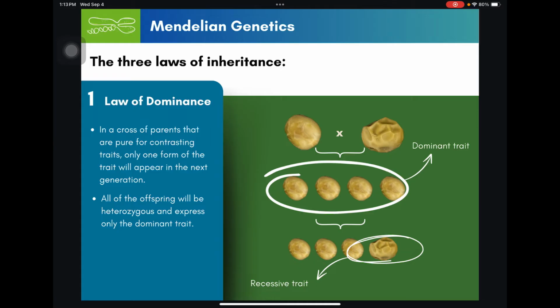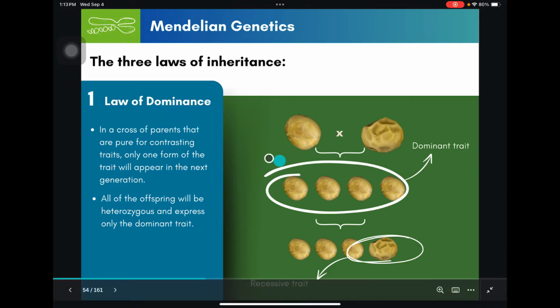In a cross of parents that are pure for contrasting traits, only one form of the trait will appear in the next generation, and all of the offspring will be heterozygous and express only the dominant trait. In summary, the law of dominance states that the dominant traits will always be expressed in an organism.